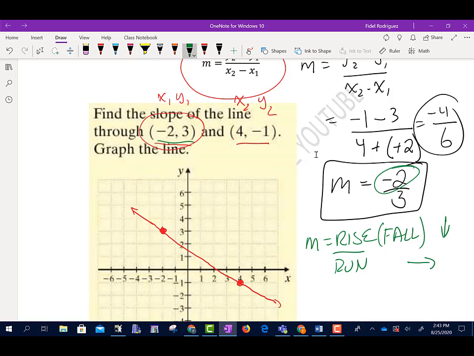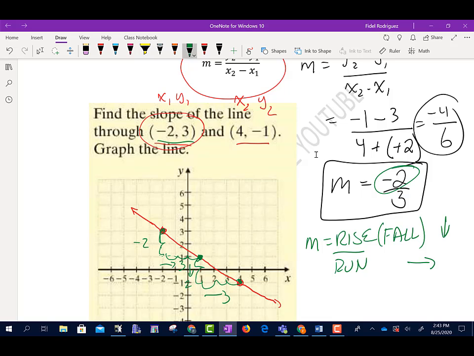So look, I'm going to fall 1, 2, and then 1, 2, 3. Look, we find another point on the line. Can do it again. 1, 2, 1, 2, 3, right? So what this is telling me is I'm going to go down 2 to the right 3. And every time I do that, I'm going to end up with another point on my line.